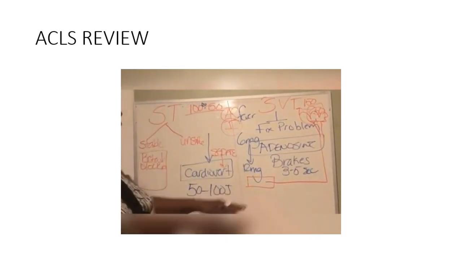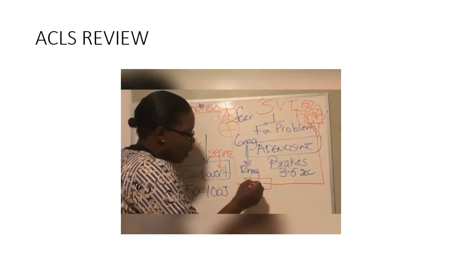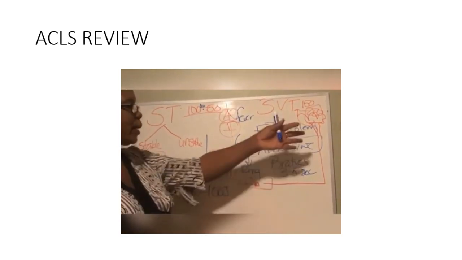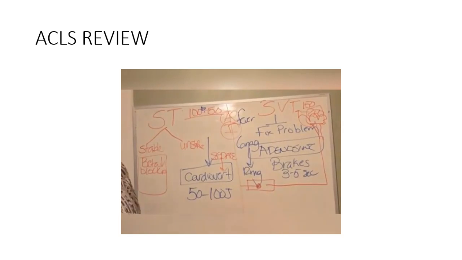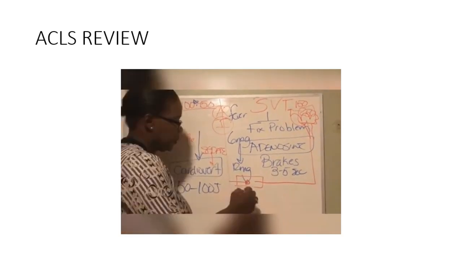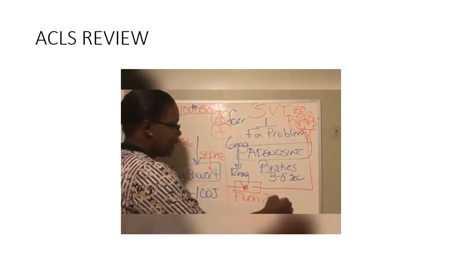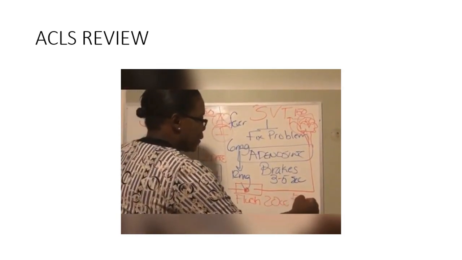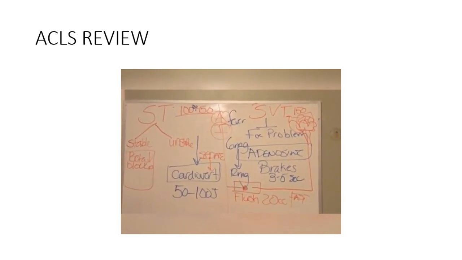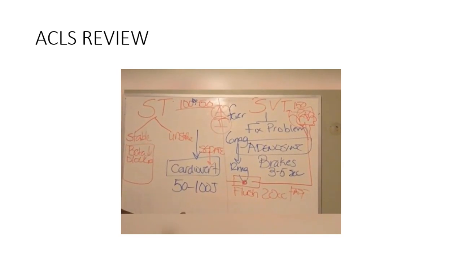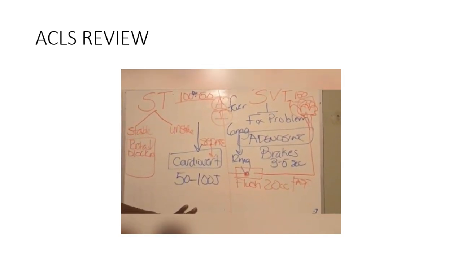What happens now is when you put the 6 milligrams in, it stays right in the tube. It doesn't go anywhere. And you're trying to figure out why this patient's heart rate isn't going down. You must flush 20 cc's fast after you give your adenosine. You want that to reach the heart. Fast flush of 20 cc's of normal saline. You need to do that fast.